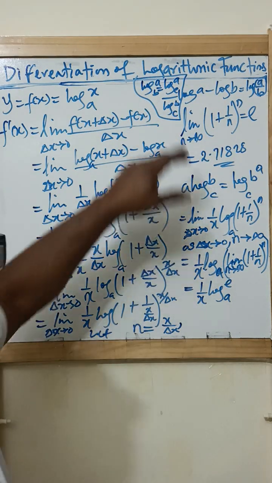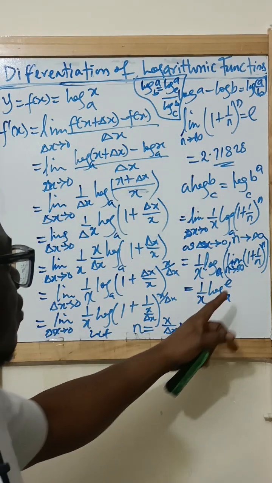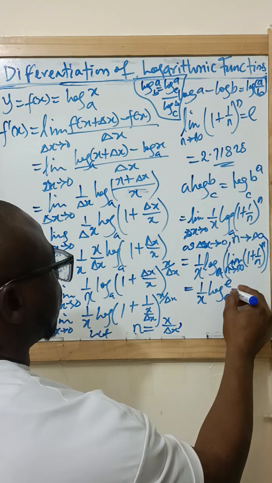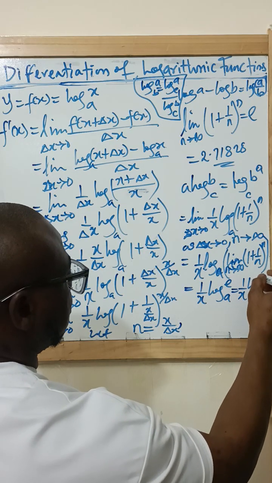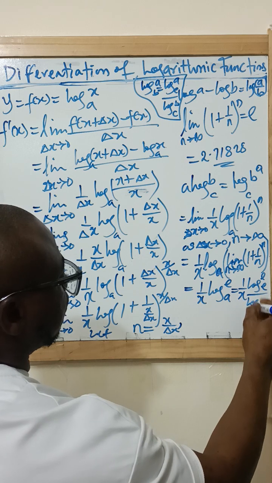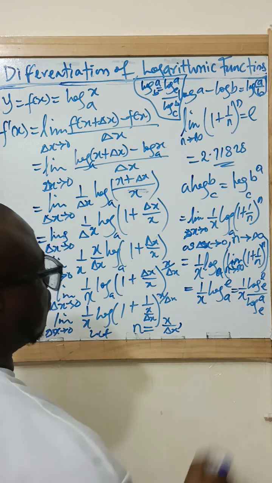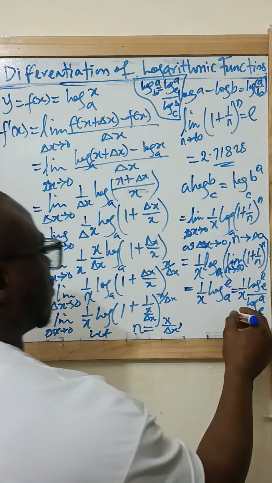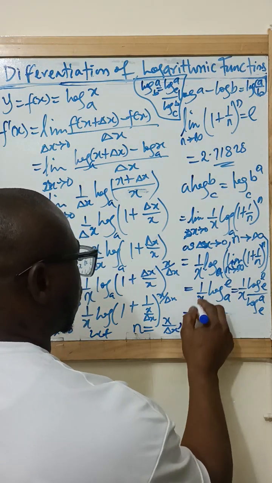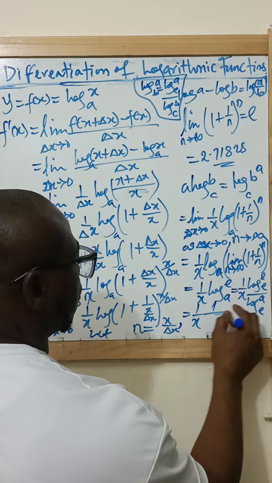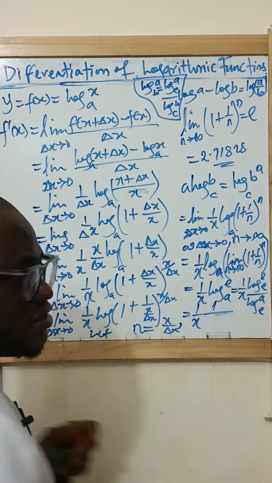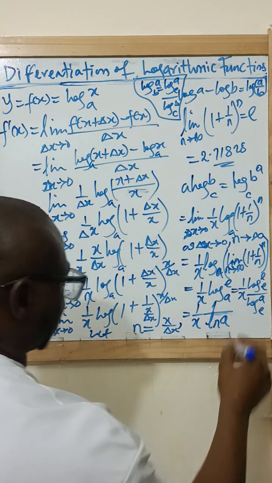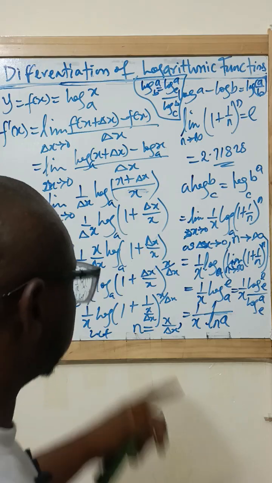We want this one to look like 1 over x, log e to base e, then this one is log a to base e. Log e to base e is 1, right? And then this is going to be equal to 1 over x times 1 all over log a to base e. So another way of writing this is ln a. So this is now equal to 1 all over x ln a.